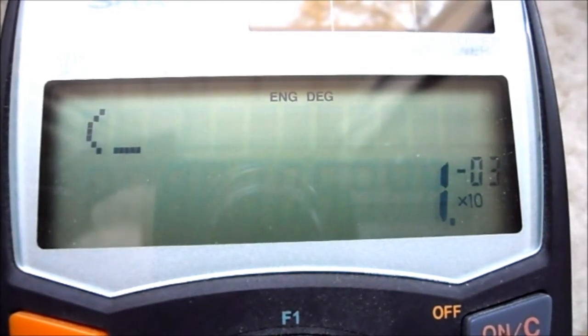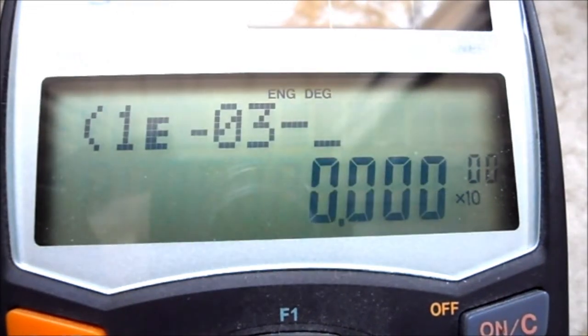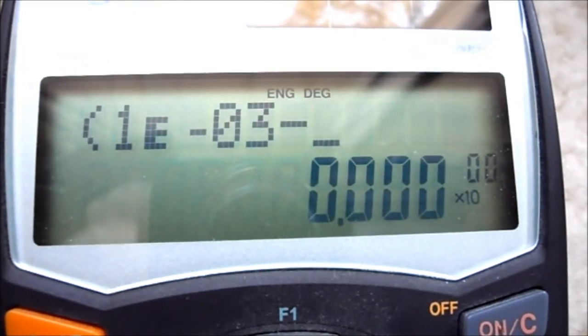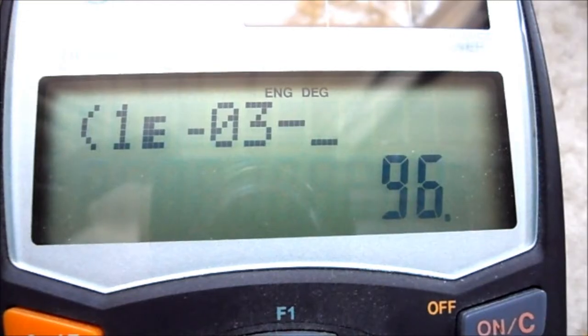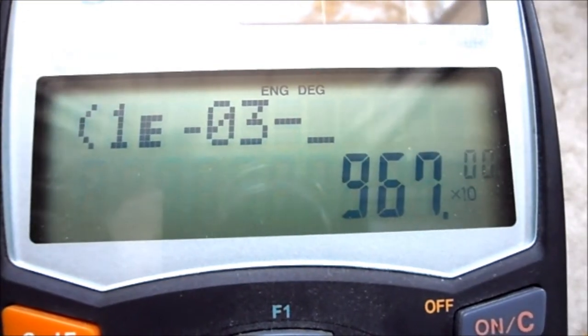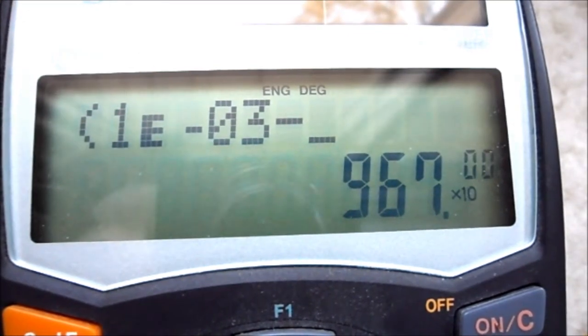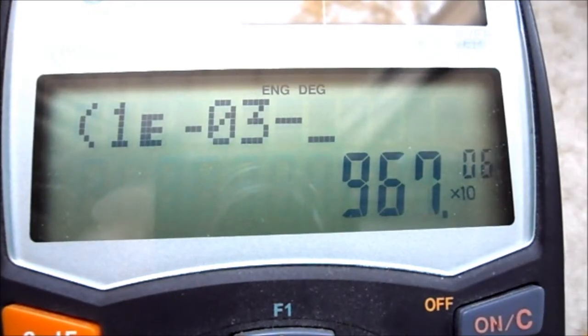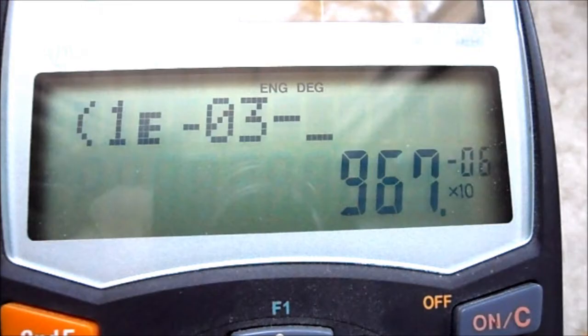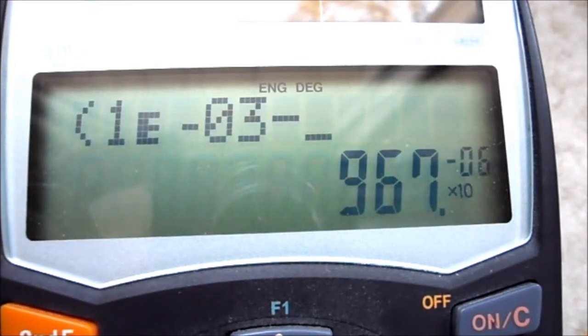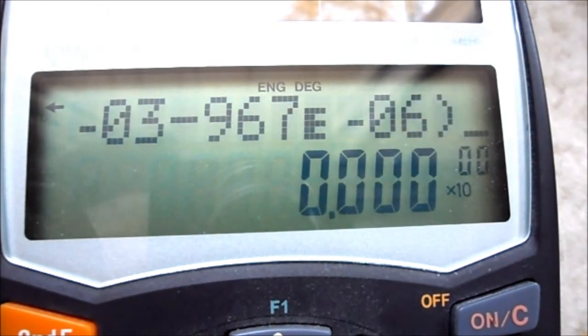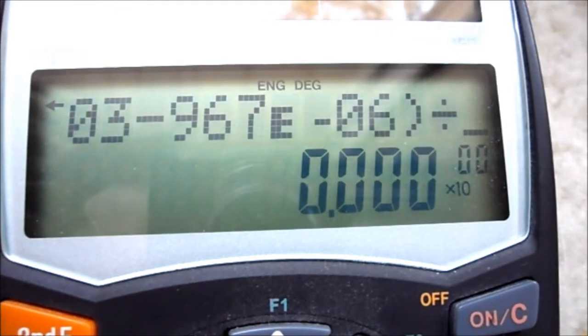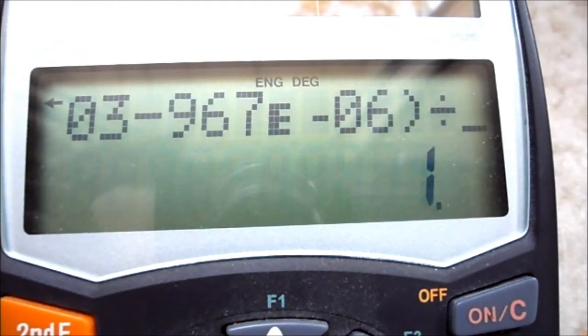and then we're going to subtract from it 967, so 967 exponent, microamp is 6, so press the plus minus button. And then you want the right bracket. And then we're going to divide it by the 1 milliamp.